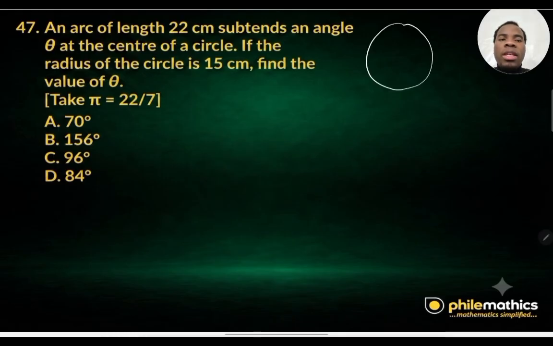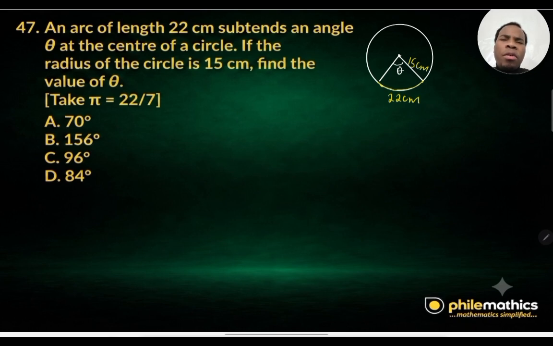So if this is the circle, this is the center, this is radius, subtend an angle of theta. The length of arc is this distance from here to here, and we are told that it is 22 cm and the radius is 15 cm. We are looking for theta.